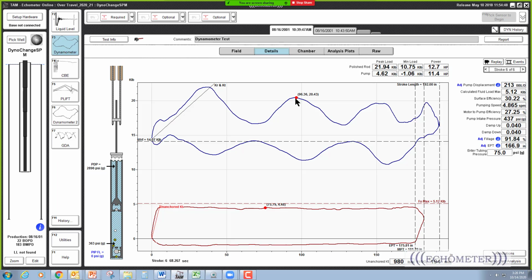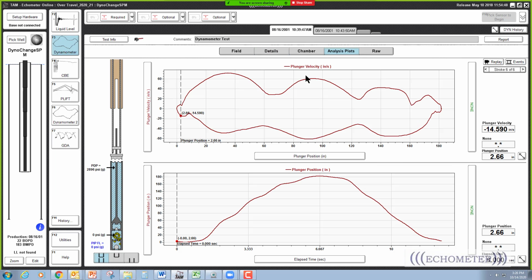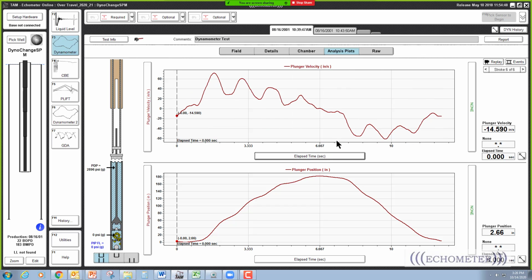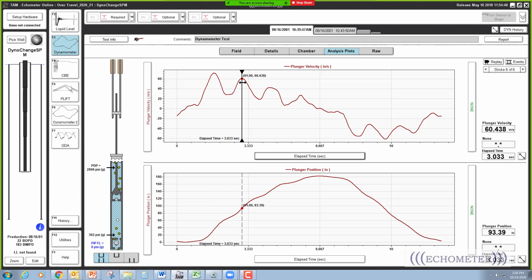And that force doesn't just disappear. It travels back down the rod string and back up, and back down. Here it is again, back at the surface. And the time from here to here, and here to here, and here to here is exactly the same. If we go look at the analysis plots on this well, and plot this versus elapsed time, we see that if we take this line and move it to that point, and then to the next one, between those two lines it's 1.31 seconds.